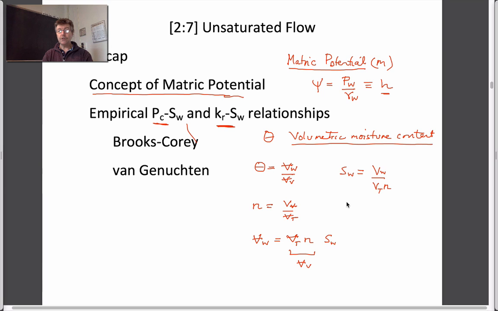Well, I know that moisture content, I know the end result. Volumetric moisture content is equal to the product of porosity and saturation. Is that right? Yes. So how do I get to that from this? I'm not doing a very good job of this. This is volume of water. I guess I could multiply top and bottom by volume of voids. I guess that's right.